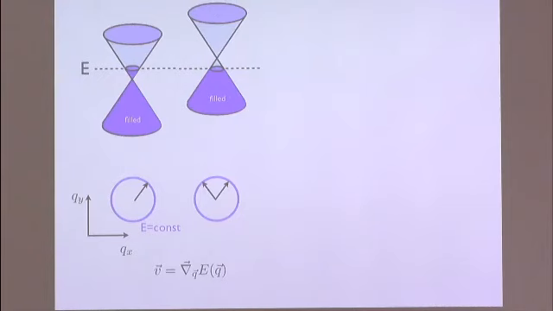I've also marked the circle of all possible wave numbers of this particular energy. Now, to the right, I also want to draw the circle of constant energy in Q space.